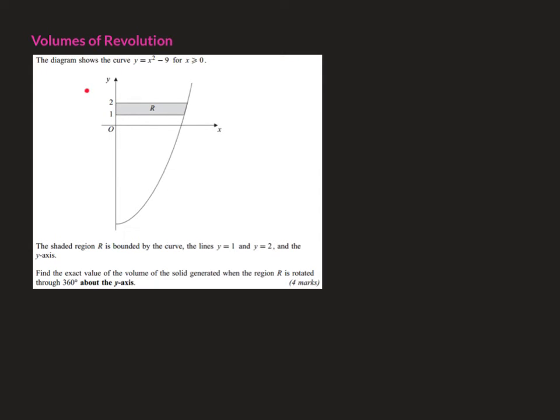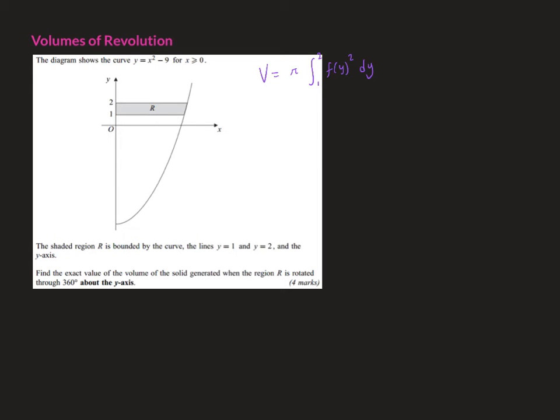And now this region is going to be rotated around the y-axis, not around the x-axis. So the integral that we want to use for this exercise would be, say the volume is pi integral from 1 to 2 of f of y squared dy.